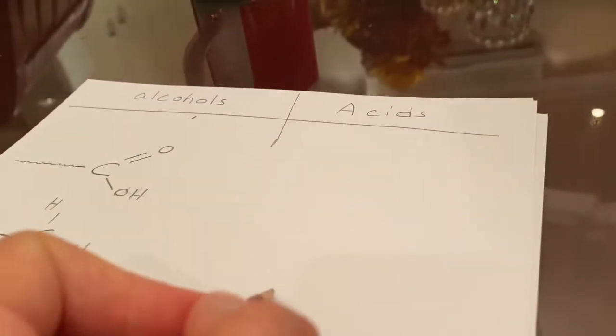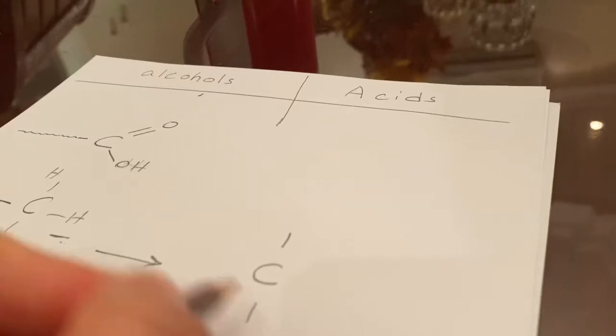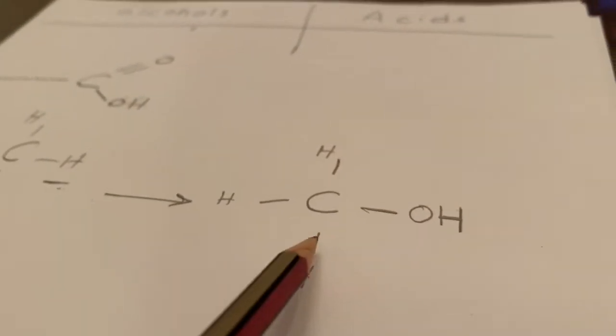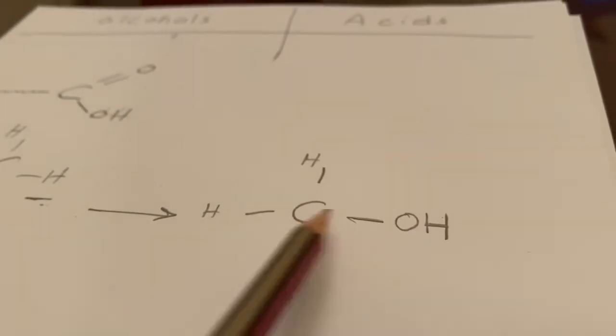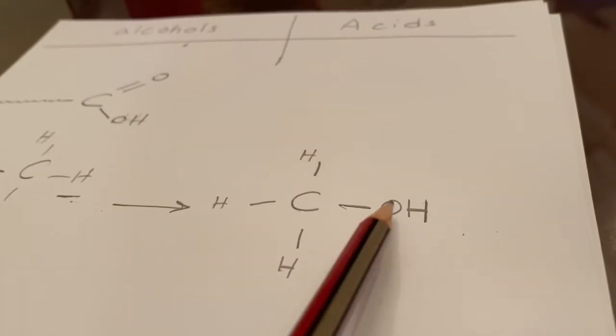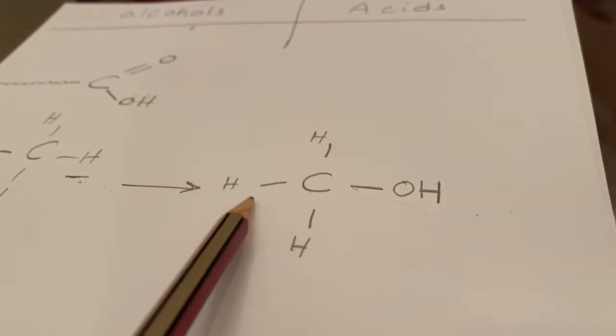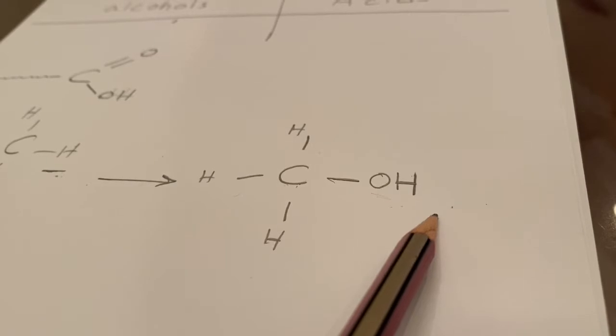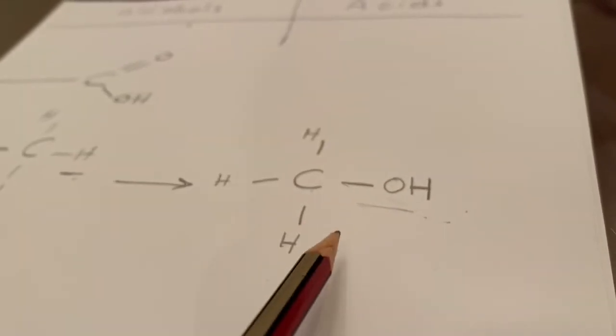So it will become C with 3 hydrogens, and instead of the fourth hydrogen, you substitute OH, the hydroxide group. So this is called methanol. You add the syllable ol at the end. So this is meth because of 1 carbon, and ol because it has OH, or it's an alcohol.